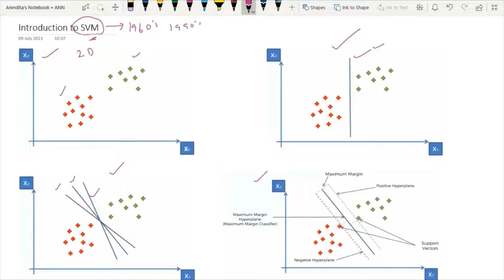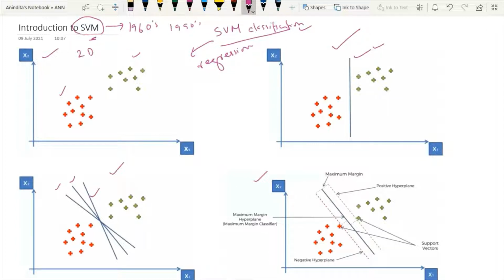But I want to tell you one point. Whatever discussion I am performing, it seems like SVM is applicable only for classification. But this is not the case. SVM can also be applied for regression. But today we are talking about classification only.